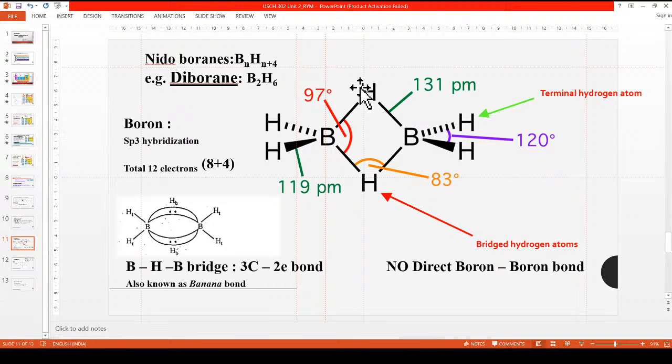So one electron from hydrogen is there, and either one electron from this boron or one electron from this boron. So that electron is delocalized here.